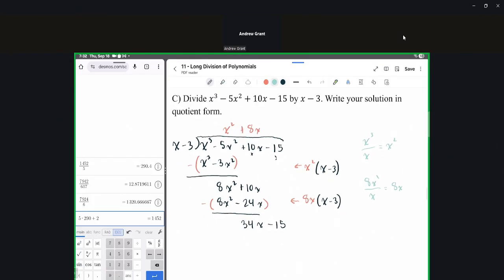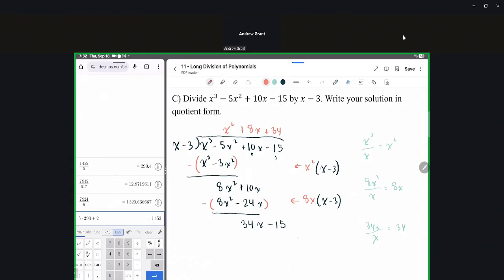Okay, so next we're going to ask, how many times does x go into 34x? And the answer is it goes in 34 times. And so it's going to go in positive 34 times. So we're going to write plus 34.